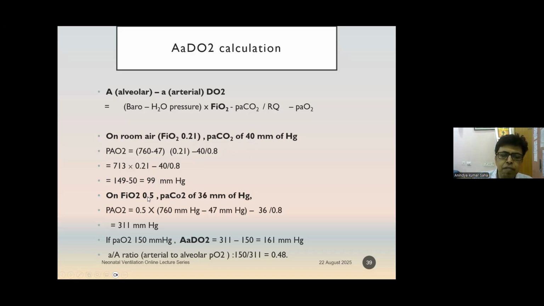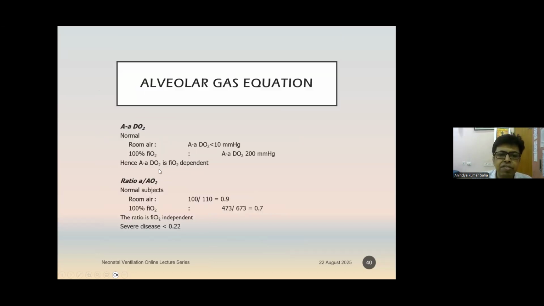But if the baby has 50% FiO2 with similar carbon dioxide pressure, it is 311 millimeter of mercury. And if PaO2 is 150, then the difference is 161 millimeter of mercury. So if AaDO2 is dangerously high, that indicates the baby has some severe disease like ARDS.